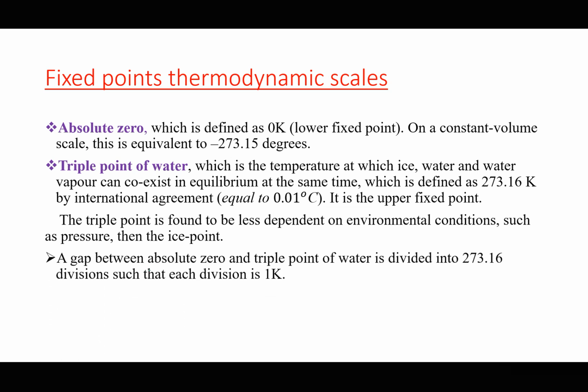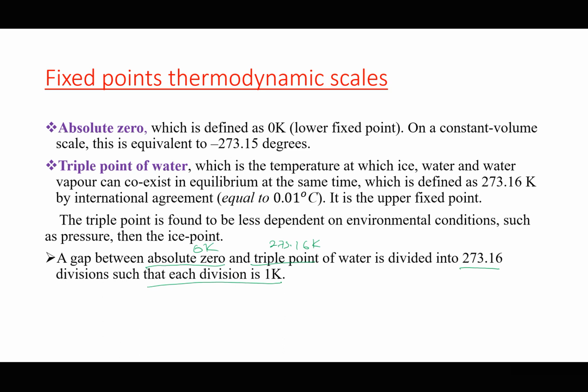Then I also mentioned that the gap between the absolute 0, which is 0 Kelvin, and the triple point of water, which is 273.16 Kelvin, is divided into exactly 273.16 divisions, so that each division is going to be 1 Kelvin. We shall see what is the importance of this.